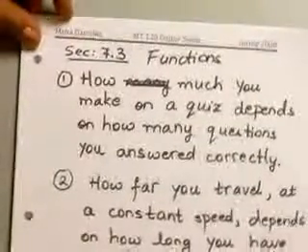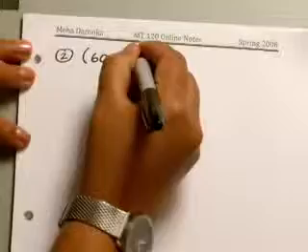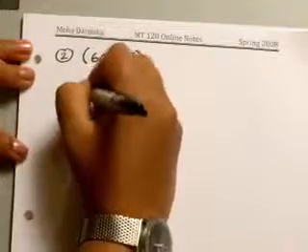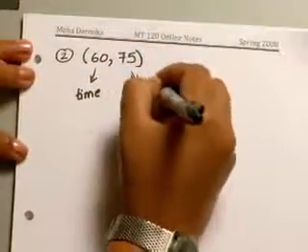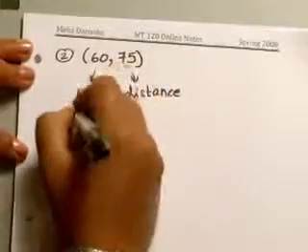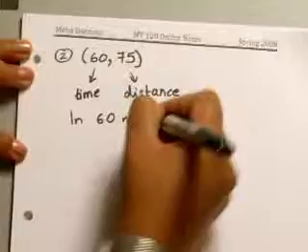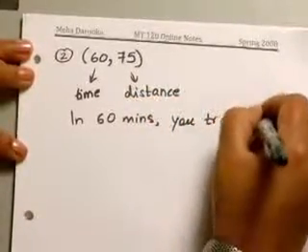If we wanted to represent this in terms of an ordered pair, we could write this as, let's say, 60 and 75, where this tells you that this is the time traveled and this will give you the distance. So basically this tells you in 60 minutes you have traveled 75 miles.